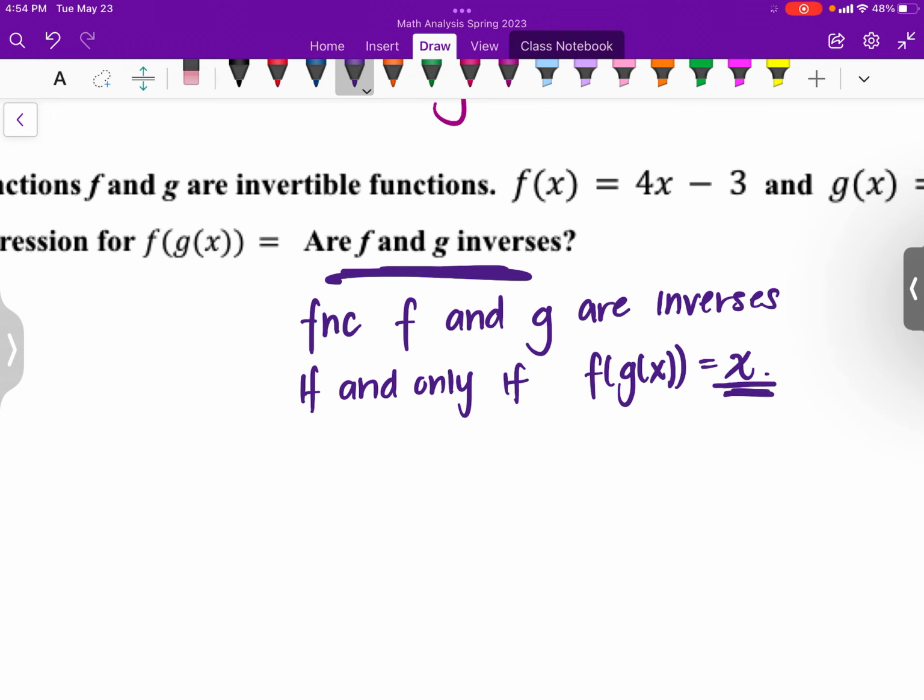So your answer when you're simplifying should be an x. If you don't get that as your answer, then it's not invertible. It's not an inverse of itself, right? So when we do this part here, we have to get a result of x.